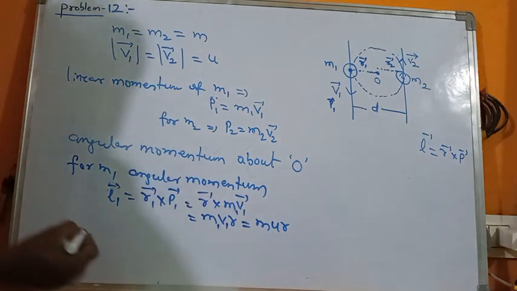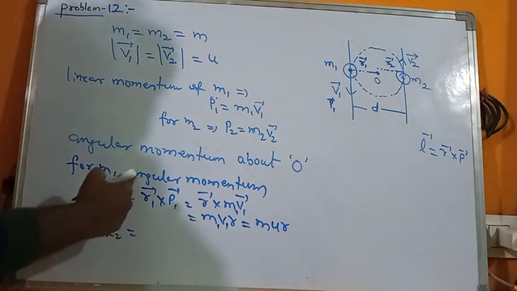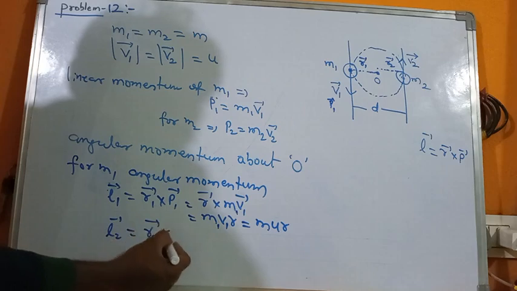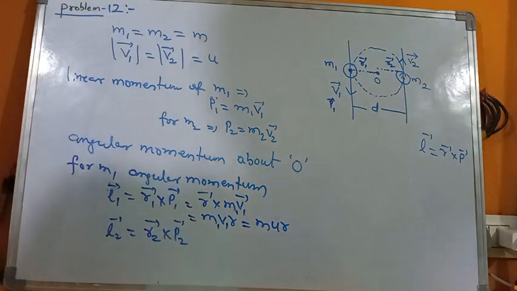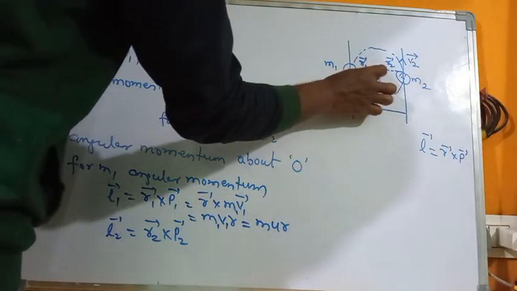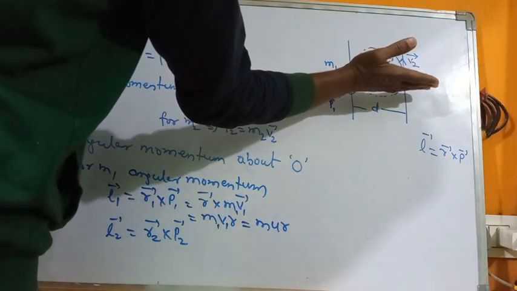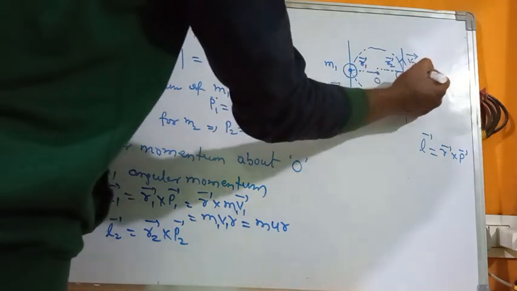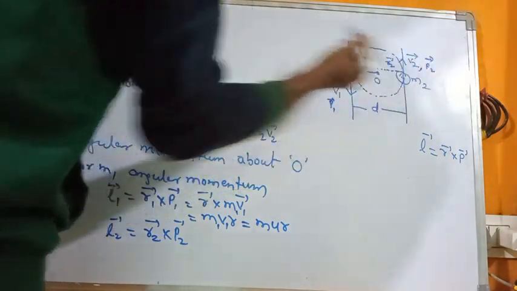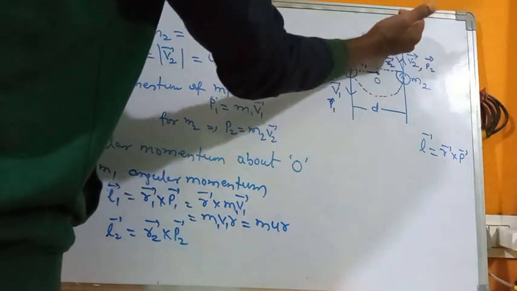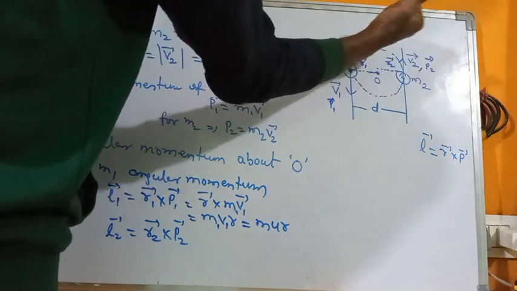Like that for L2 about O: it is r2 vector cross p2 vector. What is r2 here? From O to here, this is r2, and this is the velocity v, meaning p2. p2 is also in the direction of v2, and this direction is outward.